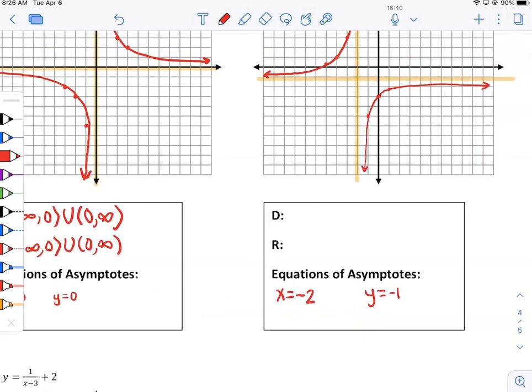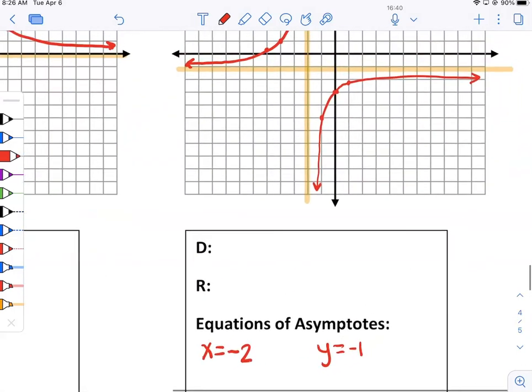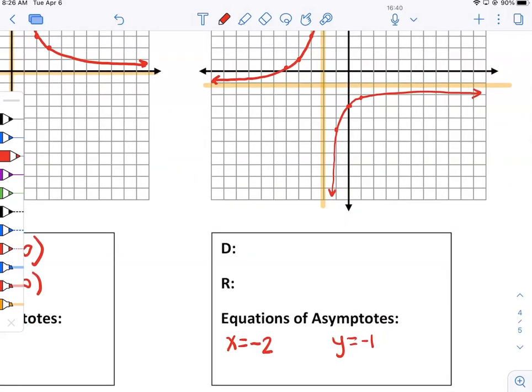So our domain is going to be, let's see here, side to side, it can be everywhere except negative 2. So you're going to have negative infinity up to, this is where the negative 2 comes in. Close your parentheses, union, negative 2 up to infinity.